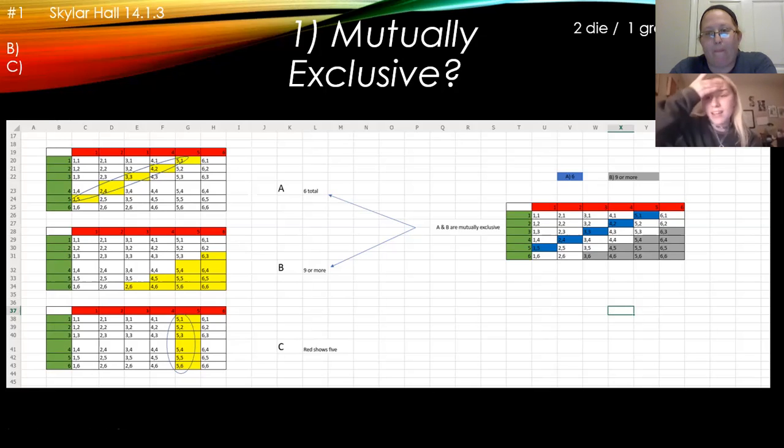If you look at your far right diagram, it's got blue highlighted, and that's showing 6 or more. And then you've got the gray, which is showing 9 or more. And so they're basically parallel to each other. They never overlap or intersect, meaning it cannot happen at the same time.